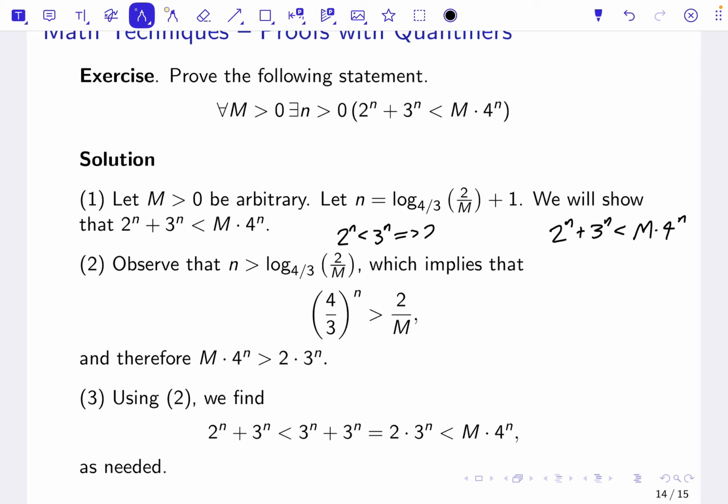Which implies that 2 to the n plus 3 to the n is less than 3 to the n plus 3 to the n, equals 2 times 3 to the n.